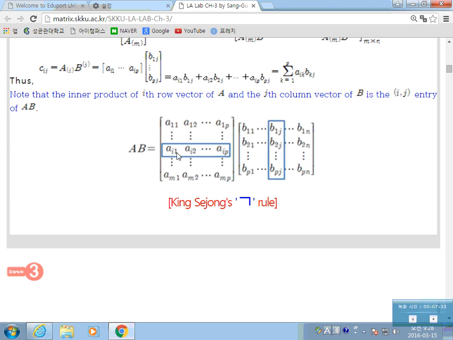We call this King Sejong's rule, like 기억, okay?